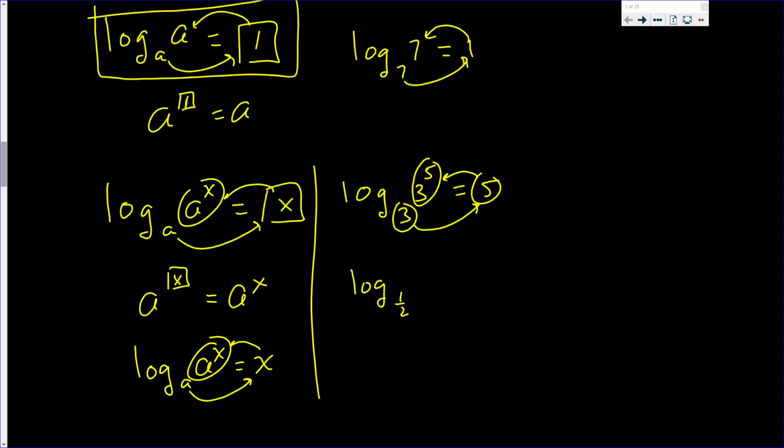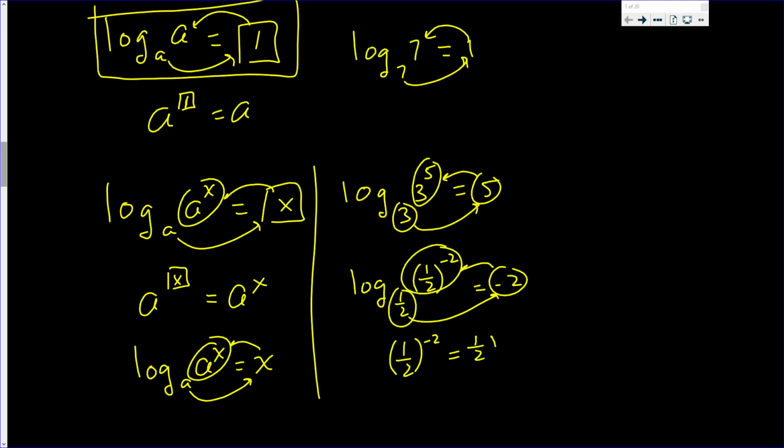Log base 1/2 of 1/2 to the negative 2, this is equal to negative 2. Why? Because 1/2 raised to this power does equal this. I mean, something always equals itself.